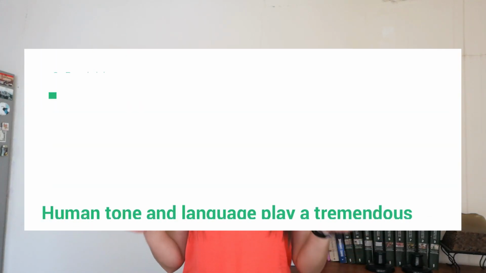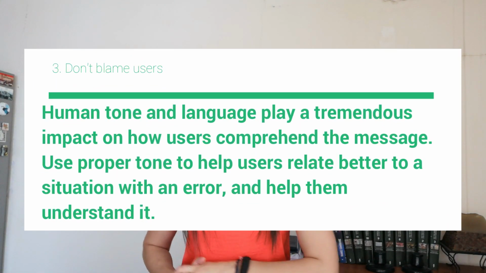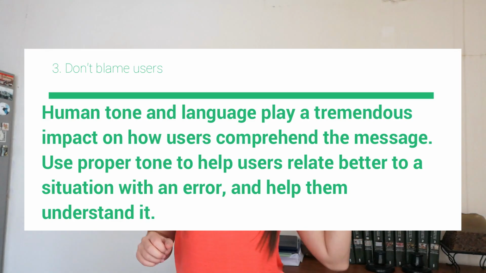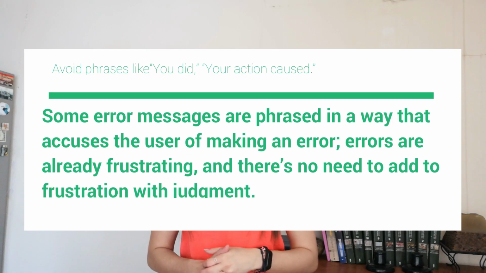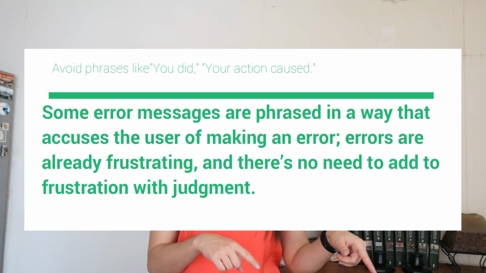3. Don't blame the users. Never do that. Human tone and language play a tremendous impact on how users comprehend the message. Use proper tone to help users relate better to a situation with an error and help them understand it. My tip here is to avoid phrases like "you did," "your action caused."